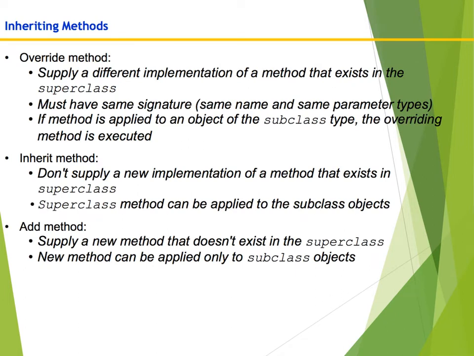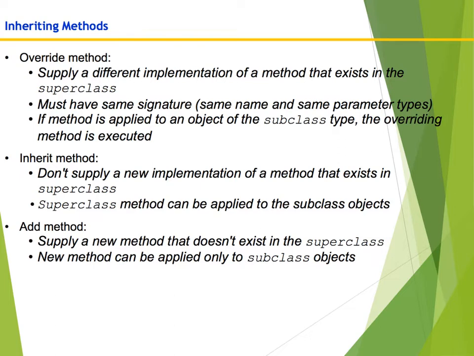When a class inherits a method from its superclass, it can supply a different implementation of the method that exists in the superclass. We say that the subclass overrides the method of the superclass.